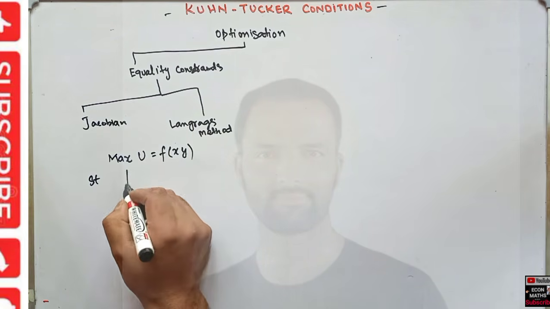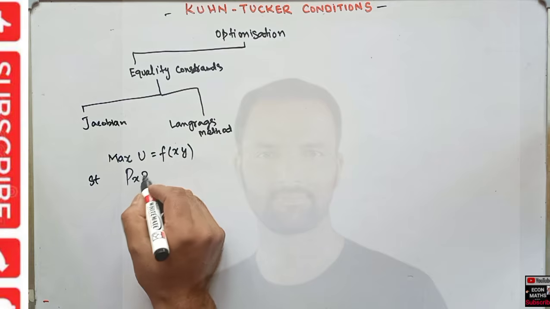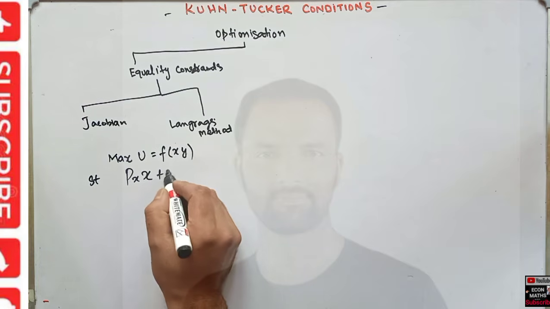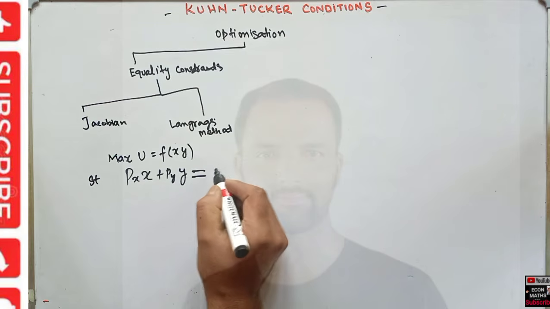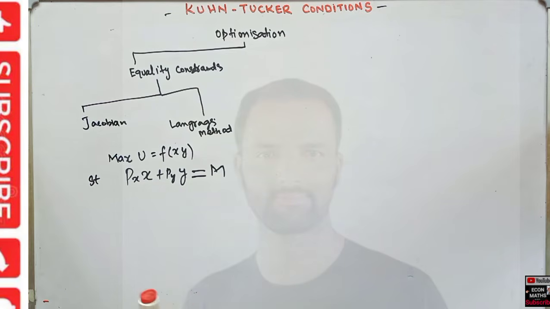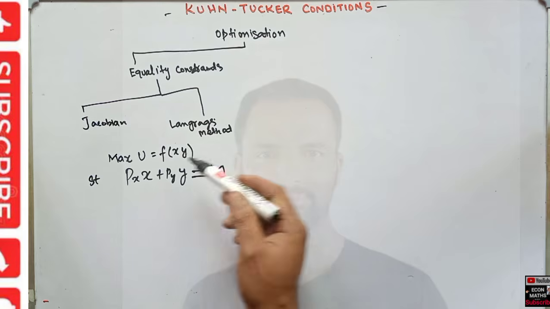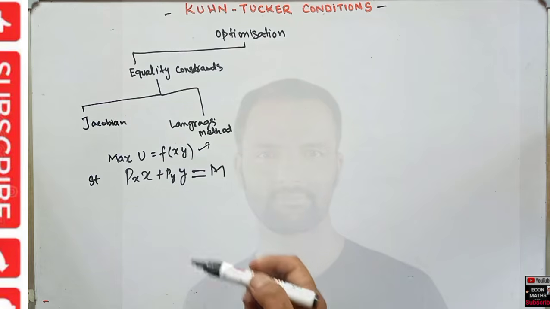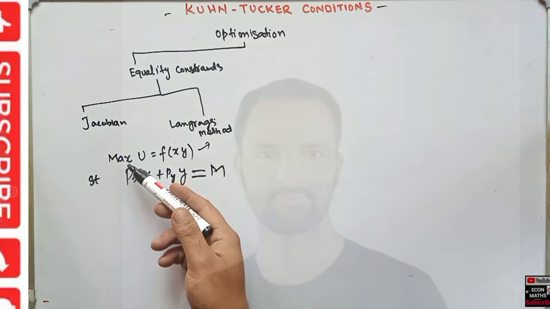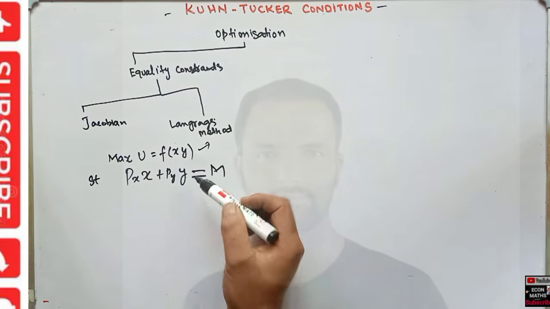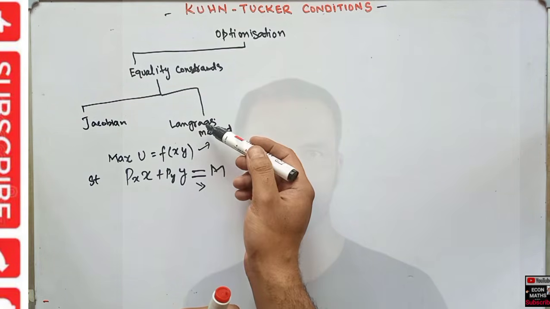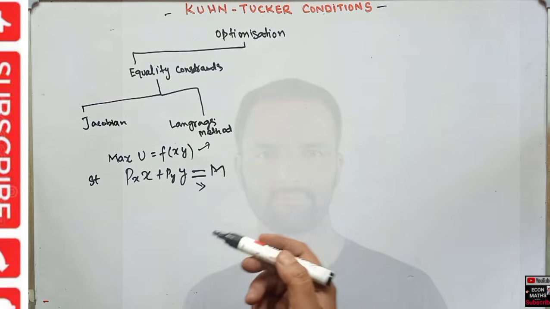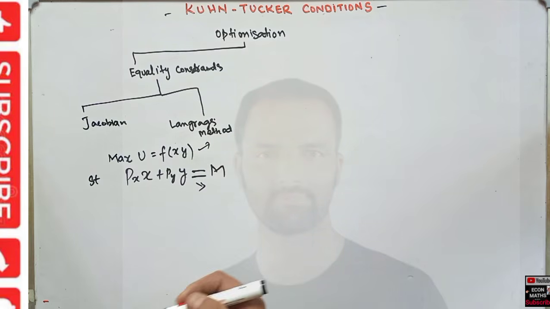It means we have a budget constraint, let us say p of x times x plus p of y times y is equal to m. That is our budget. So if we want to optimize our utility function, in this case maximize it, and we have the equality constraint here, we use Lagrange's method, multiplier method or Jacobian method to solve this very optimization problem.